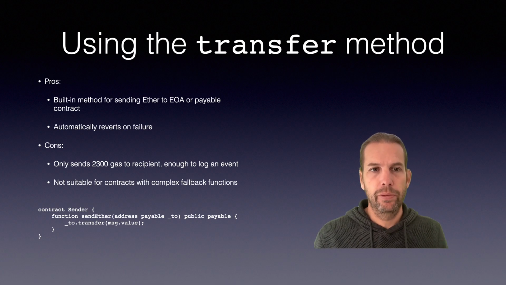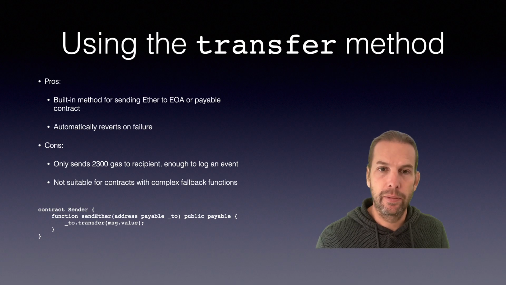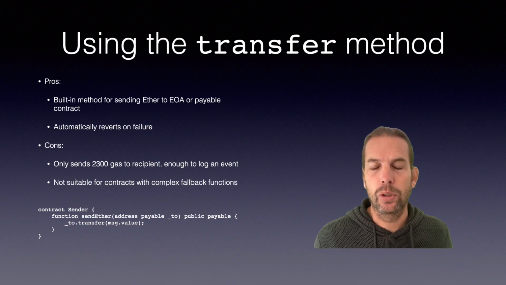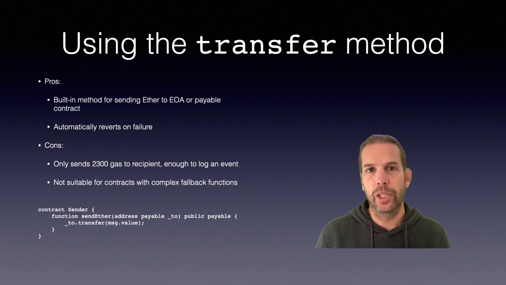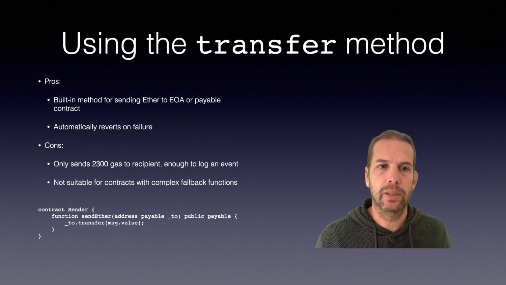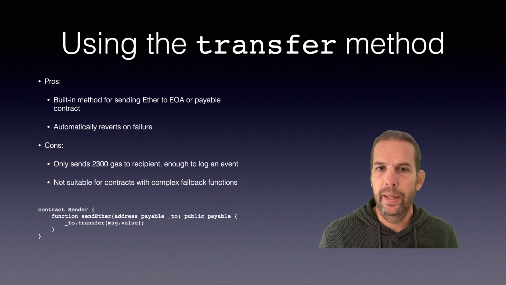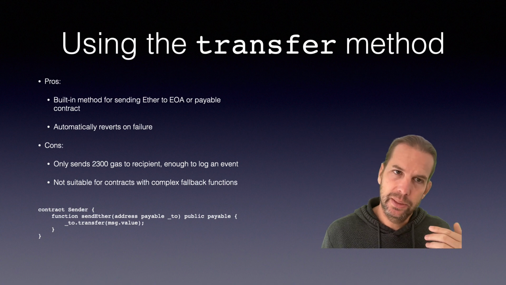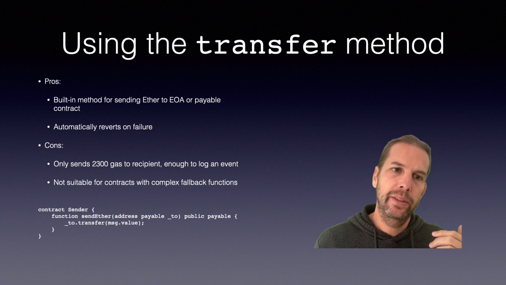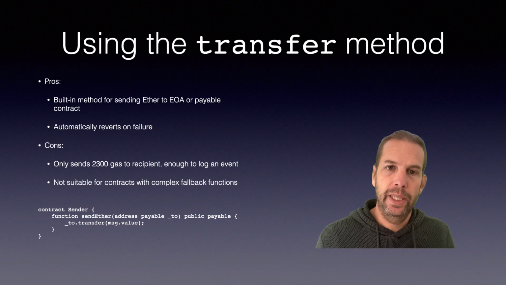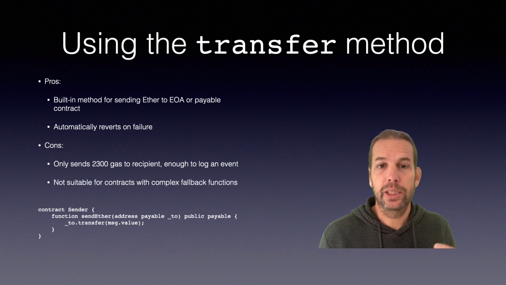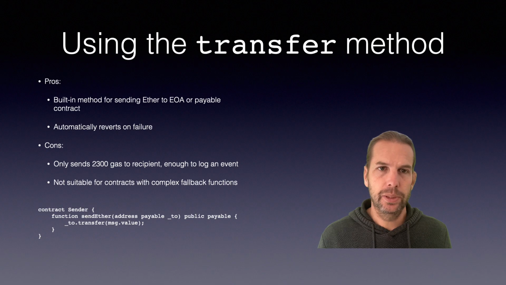So if you limit the fallback function to 2,300 gas, it can basically just log an event. It can't execute any more complicated logic, such as re-entering the original contract. So that would work, but this method would fail if you had complex fallback functions that you actually wanted to have execute. So in that case, it wouldn't be suitable.